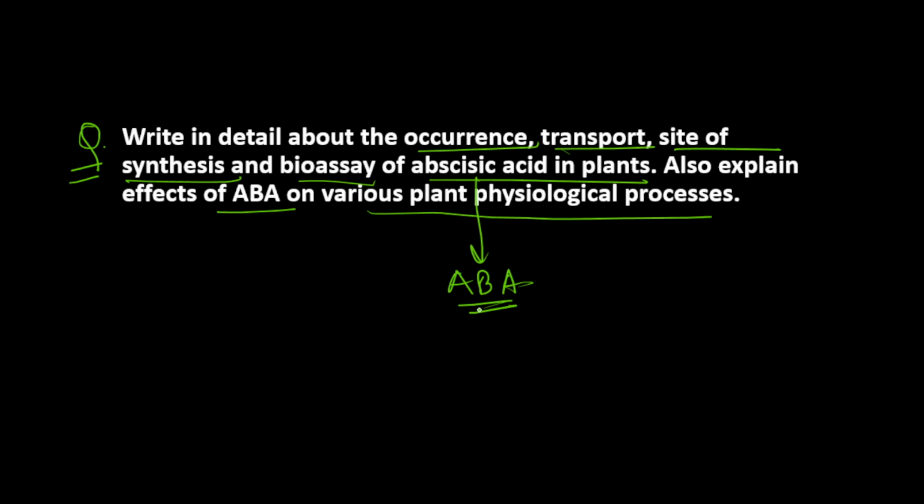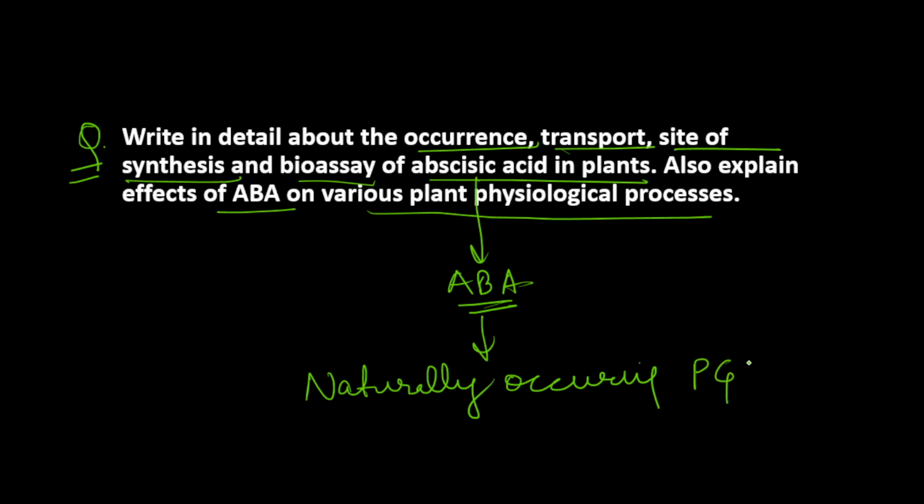So obviously the introduction part: as the question is already asking five dimensions, instead of writing a lot in the introduction, you can simply introduce that ABA is a naturally occurring PGR, that is plant growth regulator, and generally it is considered an inhibitor.